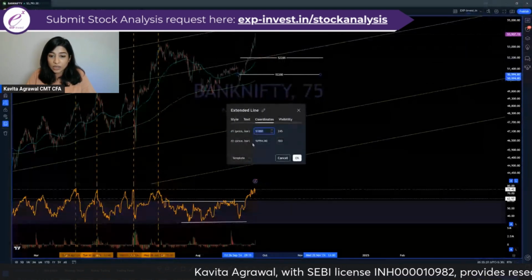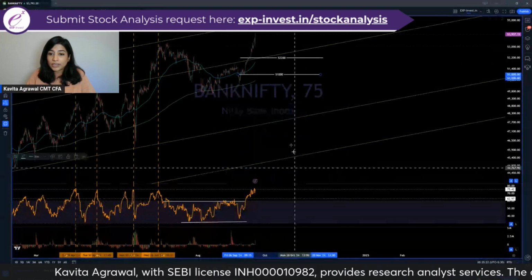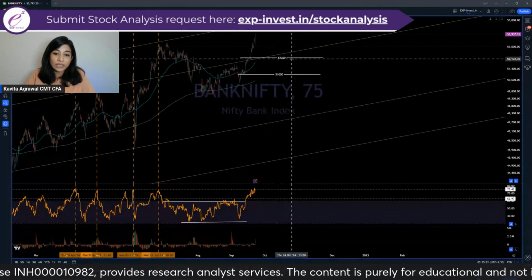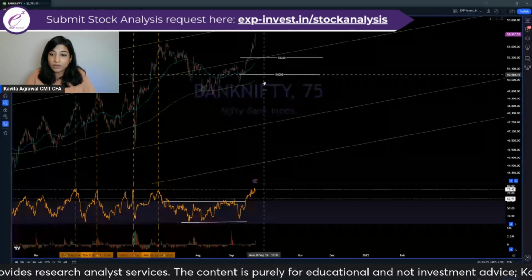Again a very nice rounded psychological level is where we are expecting support. So between 52,200 and 51,000, we can expect Bank Nifty to take support.